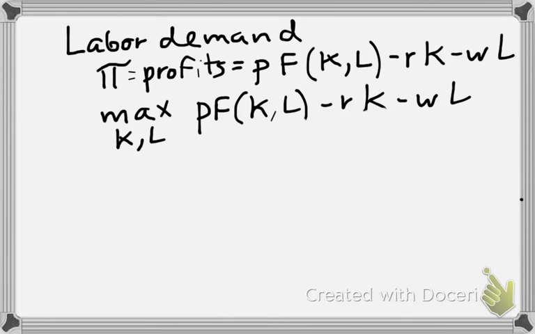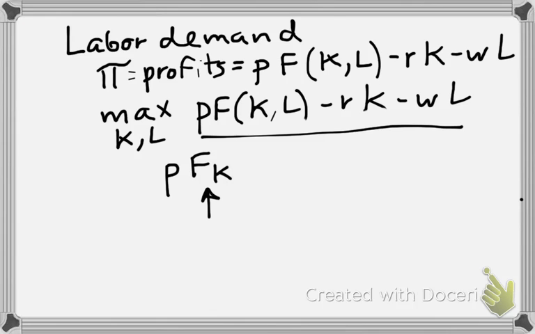And the way we do that is by using calculus. We take the derivative of this whole expression with respect to K and then with respect to L. So we have P f'(K), which is the marginal product of capital, minus R equals 0. That's our first maximization condition. And we'll have P f'(L) minus W equals 0.